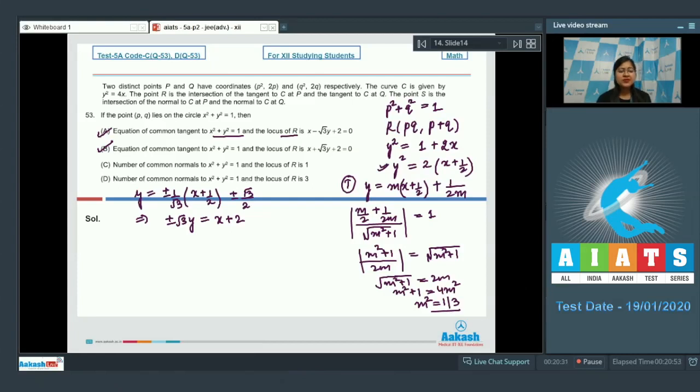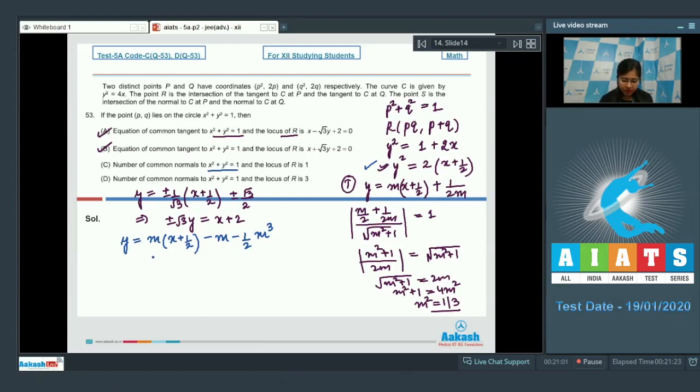Now option number C says number of common normal. Okay, let's talk about normal now. Equation of normal on this parabola is y equal to mx minus 2am minus am cube. As it will pass through the center of this circle, because normal of any circle passes through its center.